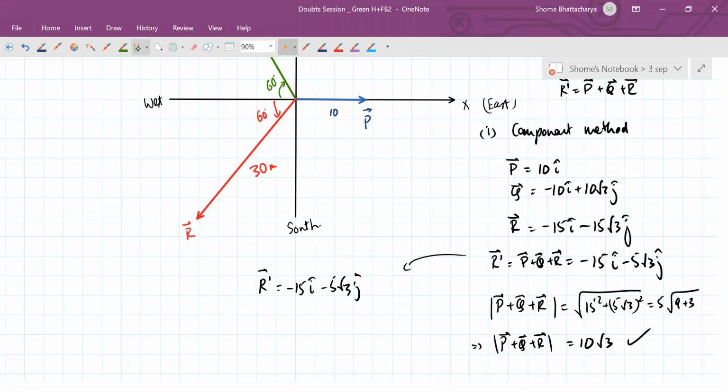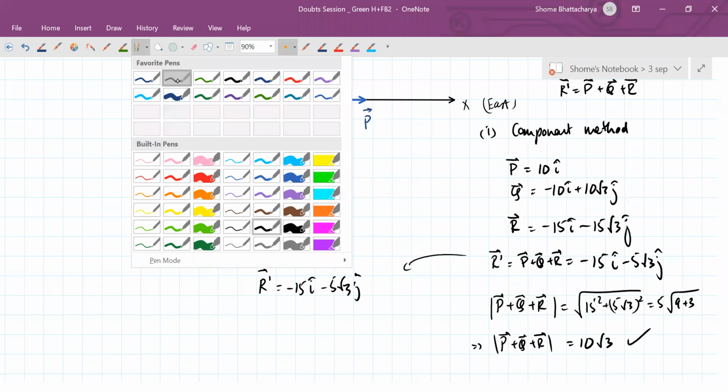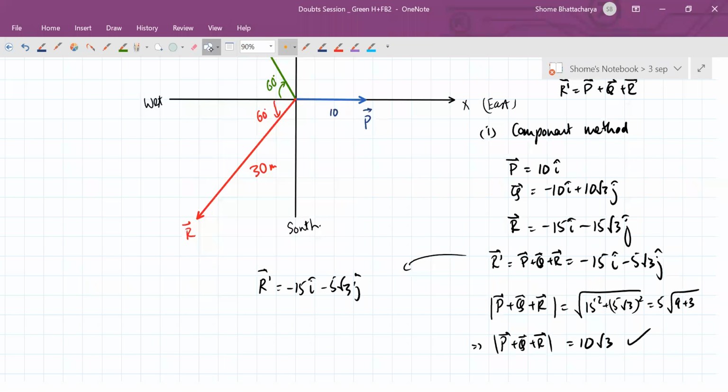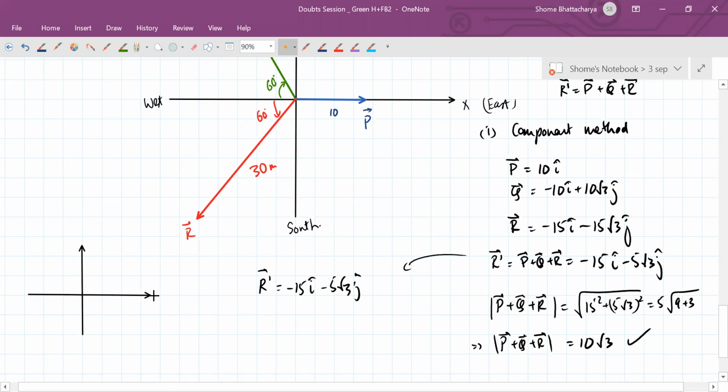If you just check this out separately, this one as a vector is somewhere here.